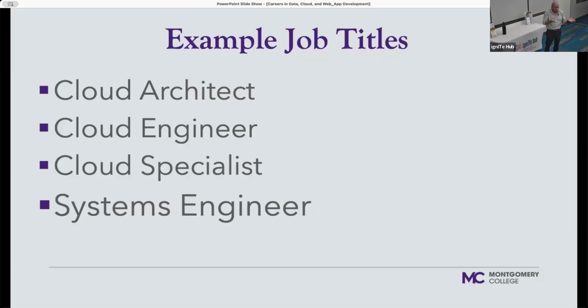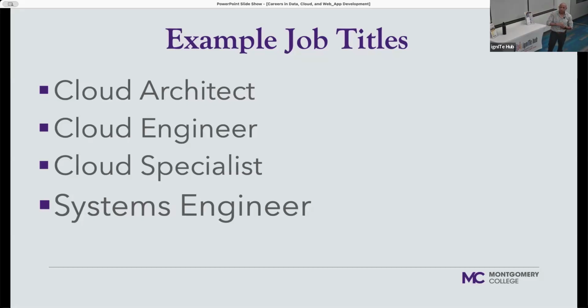Now we outsource that part, but somebody still needs to administrate and secure it. In smaller companies you may not have a cloud specialist. It may be your systems engineer that manages both the in-house data and the outsourced data and services.